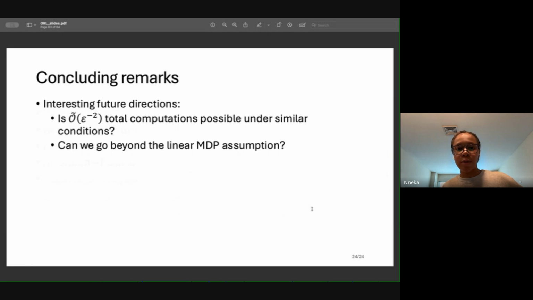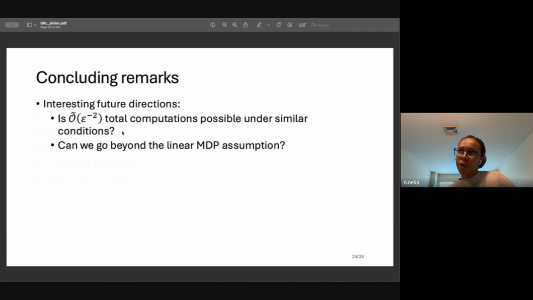For example, the improvement we saw earlier on was only with respect to the sample complexity guarantees. There's still a question if we can get a time complexity guarantee of the order epsilon to the power -2 under similar conditions, and if we can go beyond the linear MDP assumption.